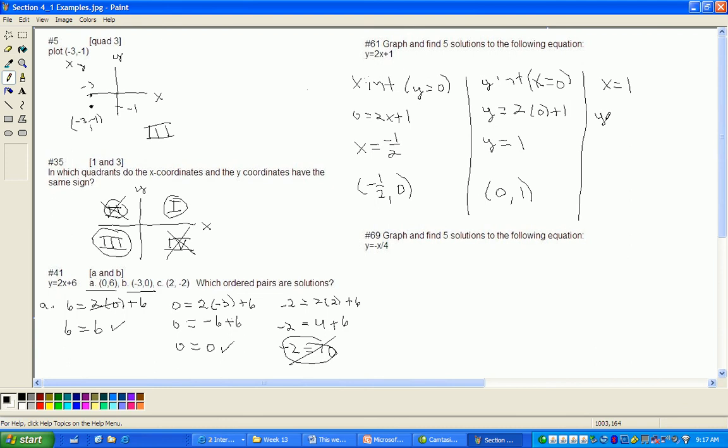And we like to choose simple numbers whenever we do this. We like to choose 1, 2, negative 1, negative 2. So if we solve for y, y is equal to 2 times 1 is 2 plus 1 is 3. So our ordered pair here is x equal to 1, comma 3.